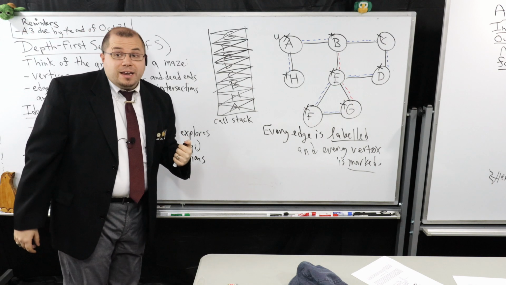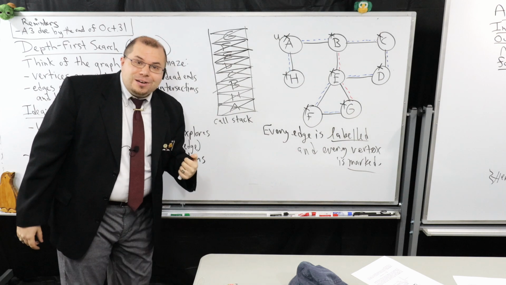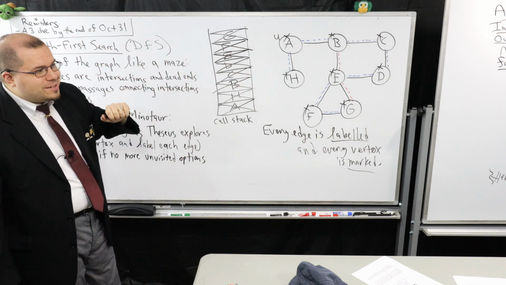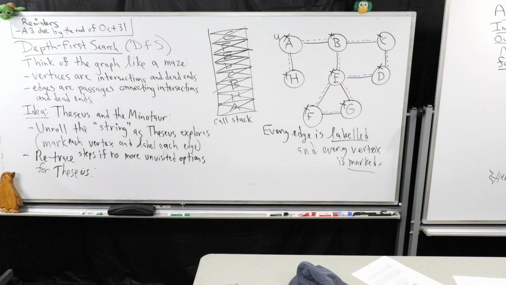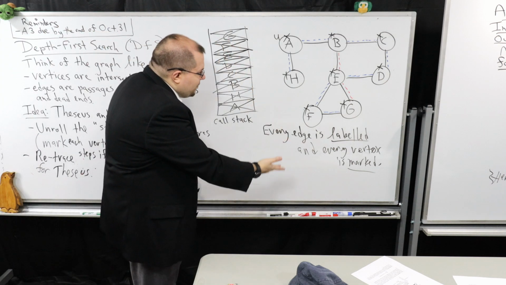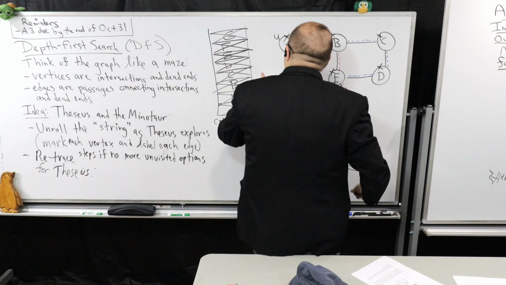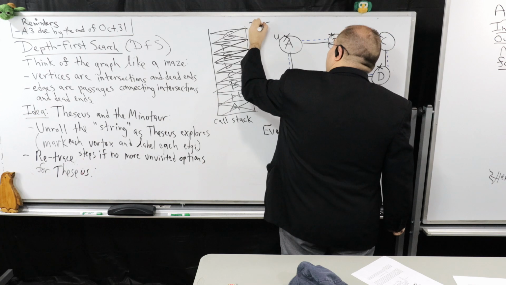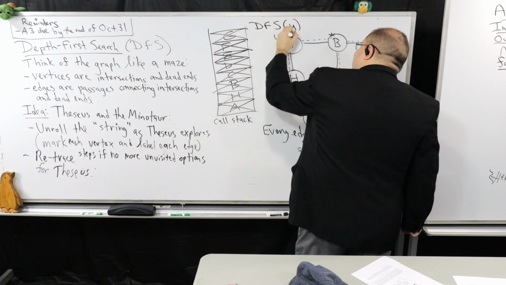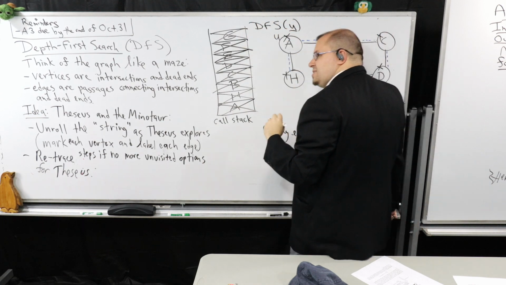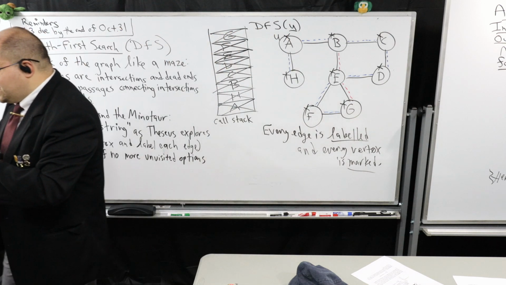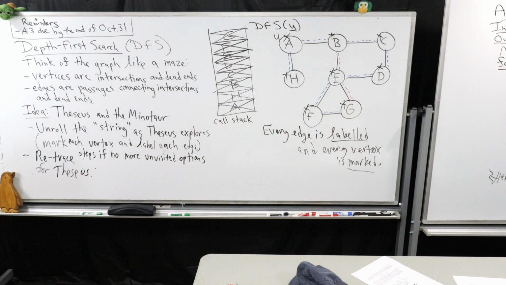And if I find a new place to go, which means that the vertex isn't marked, I'm going to apply DFS recursively on that vertex. Notice that when I describe DFS to you here, I've assumed that it starts by providing it as DFS, where I give it U, where U is where it starts. So this is the idea of DFS.